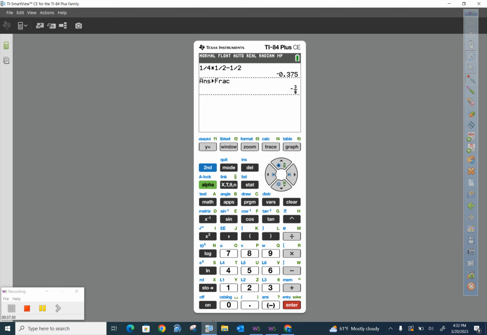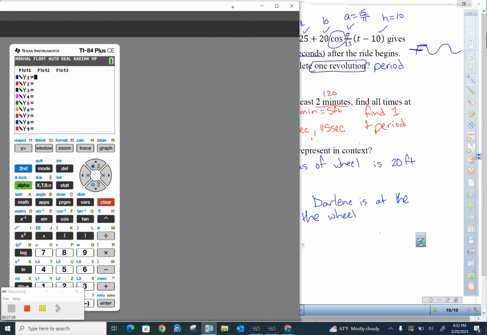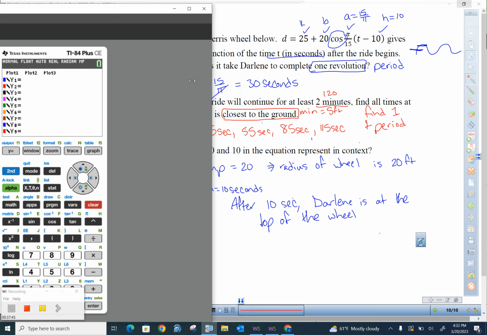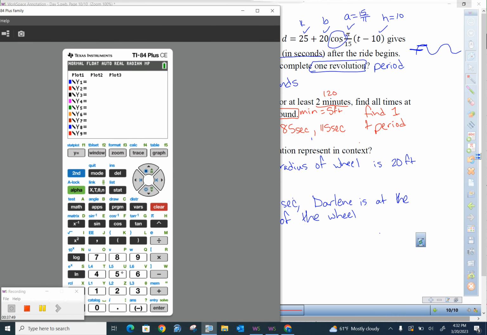The other option is using your graph. For that, we've got to put in the equation. So our equation here was 25 plus 20 cosine, and then pi over 15.